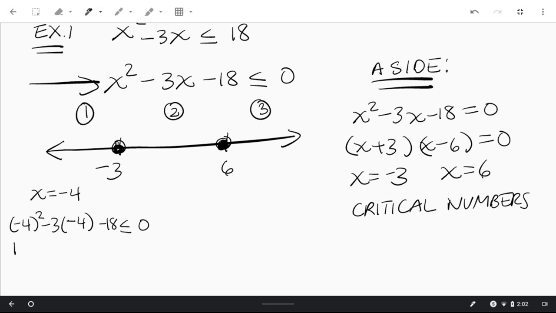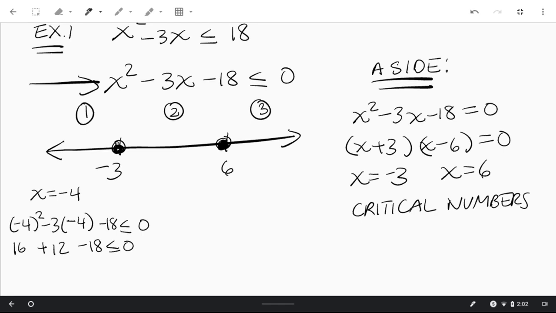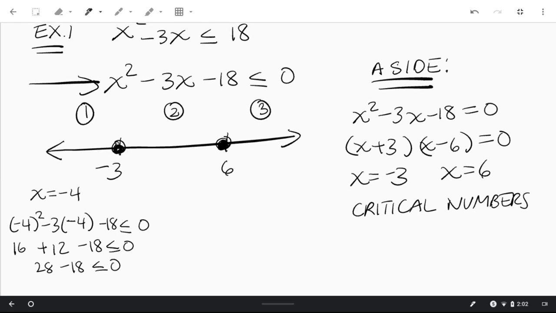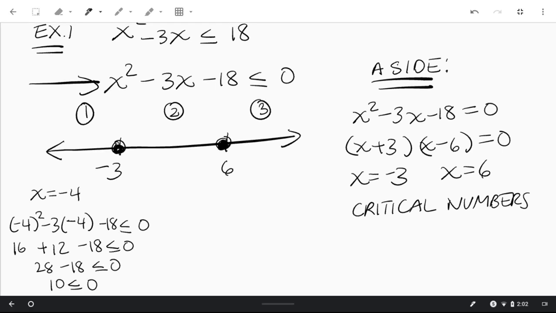I want to know if that's going to be less than or equal to 0. I get 28 minus 18 is less than or equal to 0. And so I get 10 is less than or equal to 0. So 10 is less than or equal to 0 is false.